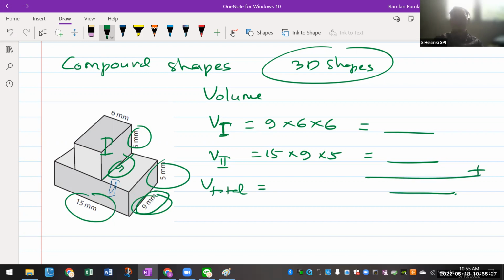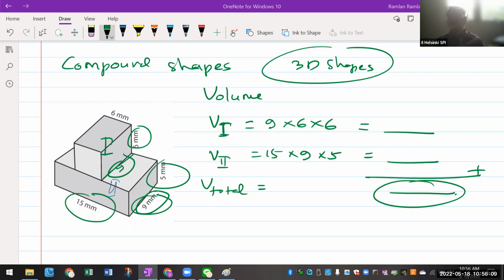Now I would like you to again use the calculator and give me the answer over here. Please write it in the chat box, guys. It's a very unique number. Yes, again, very good.